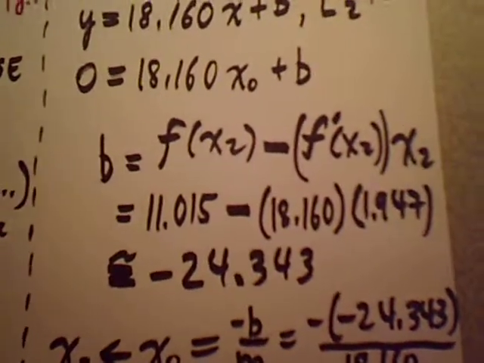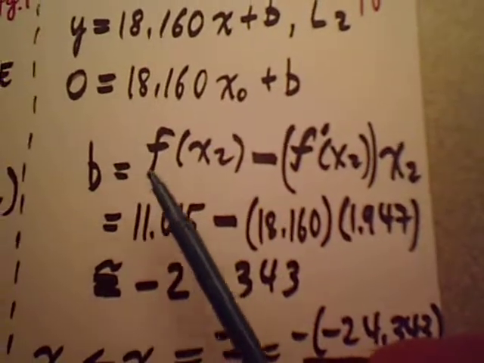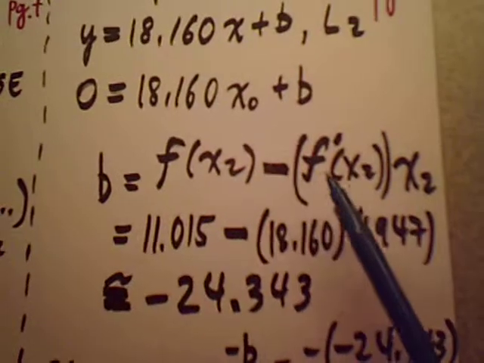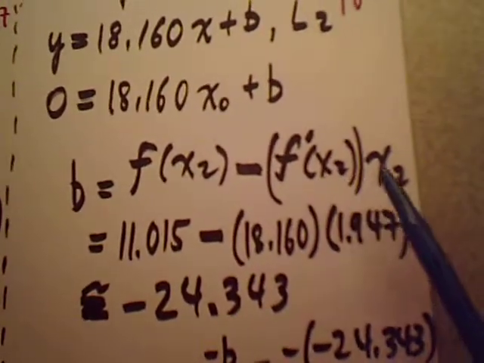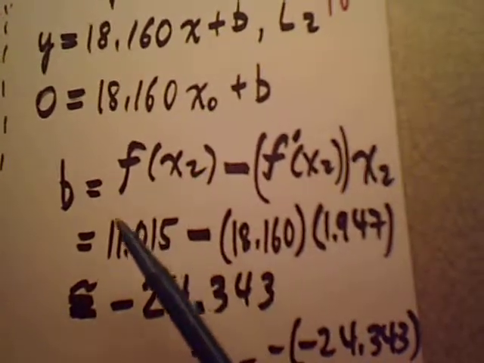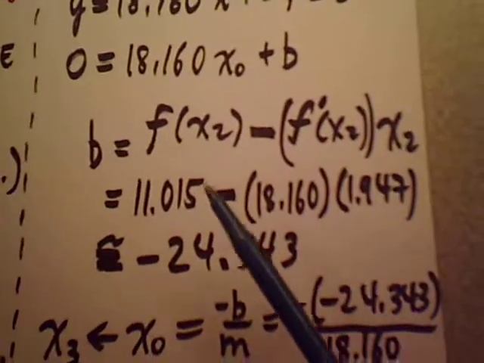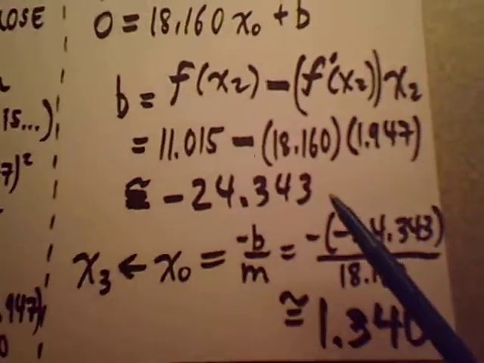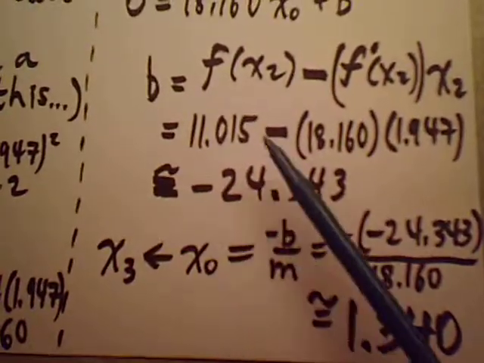So what we actually have here is y equals mx plus b, but it looks more complicated, but it's not. b equals y at x equals x2 minus the slope from that tangent line L2 times the actual x2 value. So what we have is b equals y minus mx, and we solve for that and get minus 24.343 approximately, and that will give us our y-intercept.